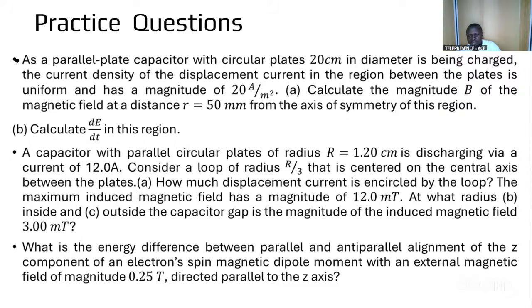Calculate the magnitude B of the magnetic field at a distance R equals 50 millimeter from the axis of symmetry of this region. And calculate dE/dt in this region.